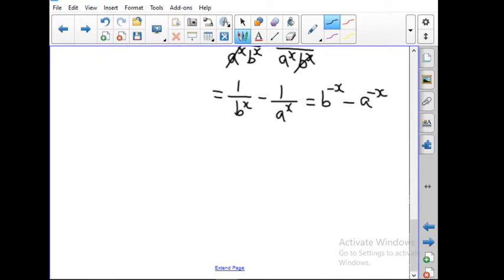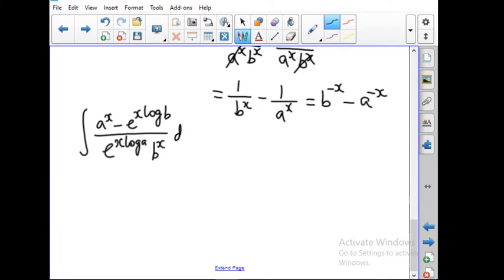So now we need to integrate this: the integral of (a^x − b^x)/(e^(x log b) · e^(x log a)) dx, which equals the integral of (b^(−x) − a^(−x)) dx.